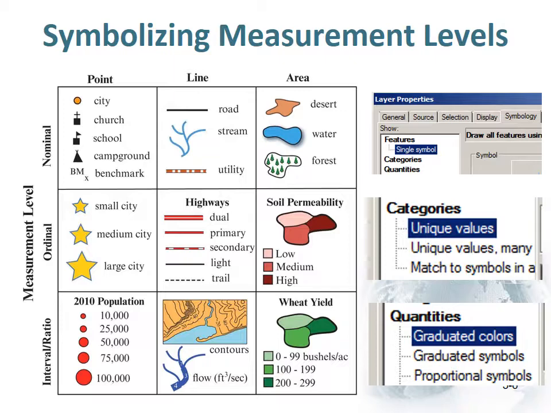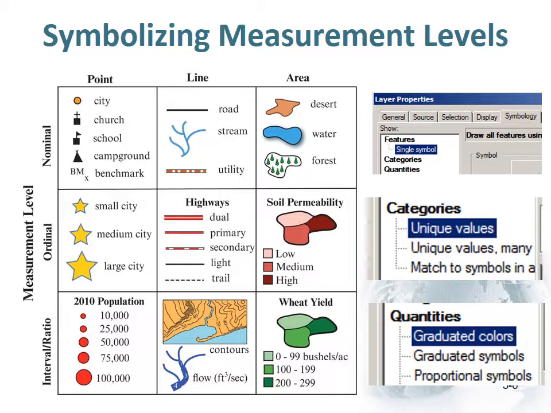The size of the symbol directly relates to a numerical count of information at the Earth's surface. We're looking at line features, intervals of contours, the amount of flow in a river. So those are slightly different ways of showing things.